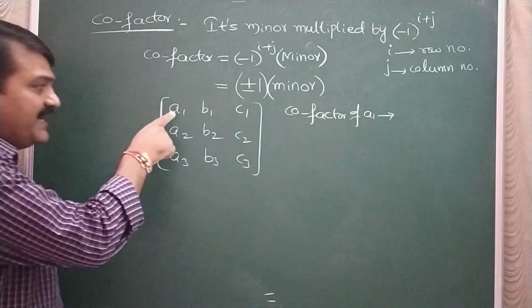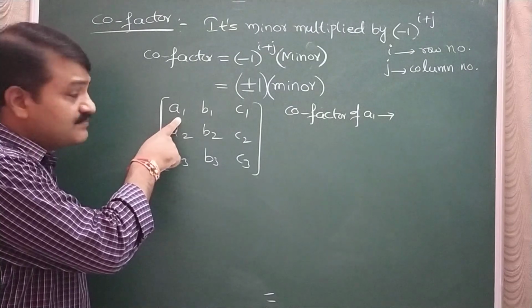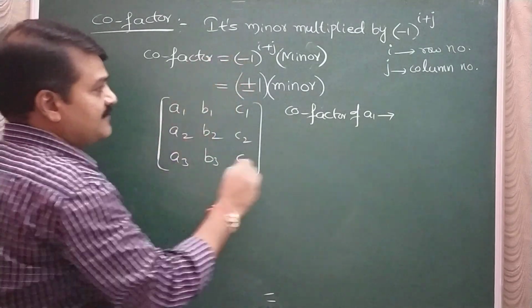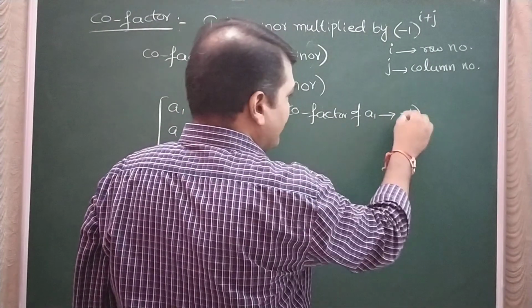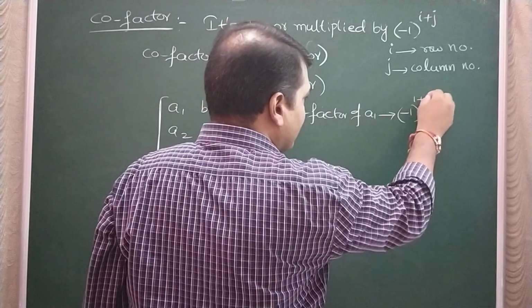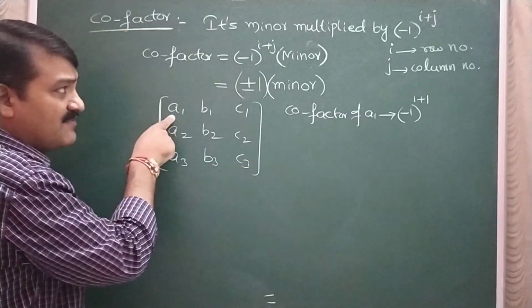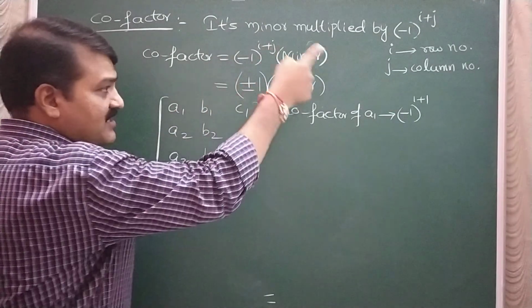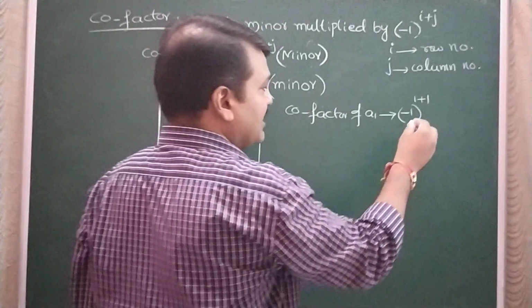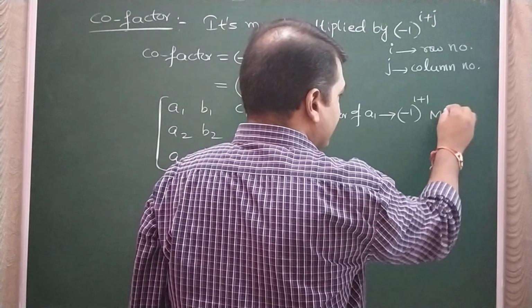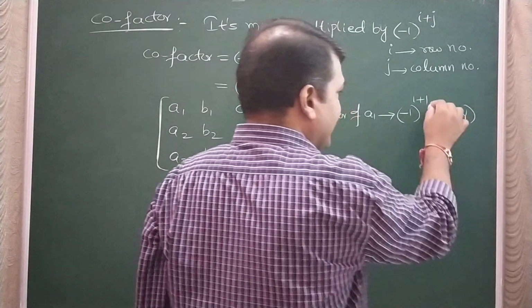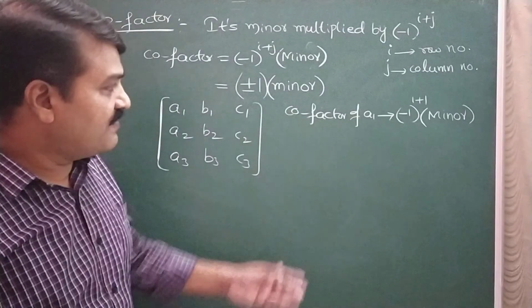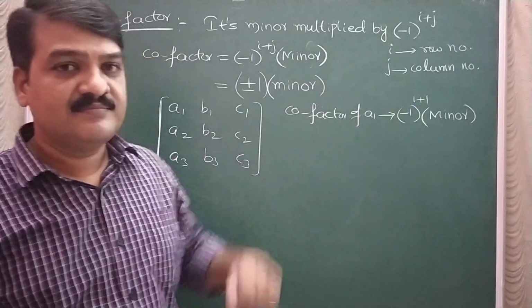A1 is in first row, first column. So use this formula. It is going to be minus 1 whole power 1 plus 1 because it is in first row, i is 1. It is in first column, j is 1. So minus 1 whole power 1 plus 1 into its minor. We know how to find minor. So cofactor is equal to minor.